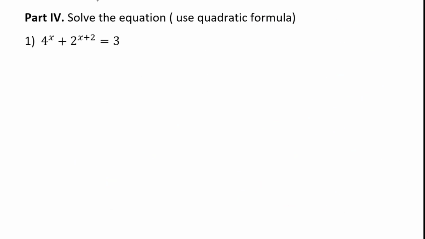Part 4, solve the equation. It's very easy for us to say this is a quadratic pattern equation because we can change this into a times 2 to the x power squared plus b times 2 to the x power plus c equals 0 form.